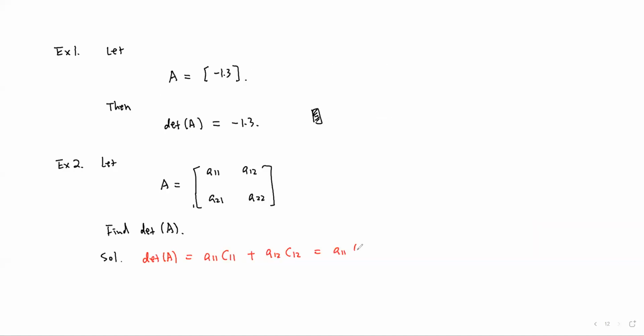So this is negative 1 to the 1 plus 1 determinant of A11 plus A12 times C12. C12 is negative 1 to the 1 plus 2 determinant of A12.